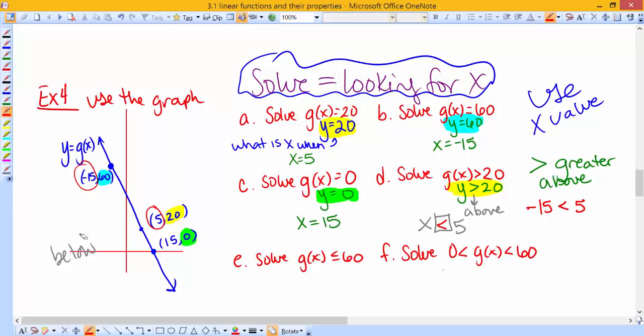Now, for E, I'm going to switch. So I'm going to uncircle those. Let me get rid of the below here, because now it's going to change. Because now I'm back to 60. So I want where y is less than or equal to 60. And 60 is blue, so let me go back to blue.